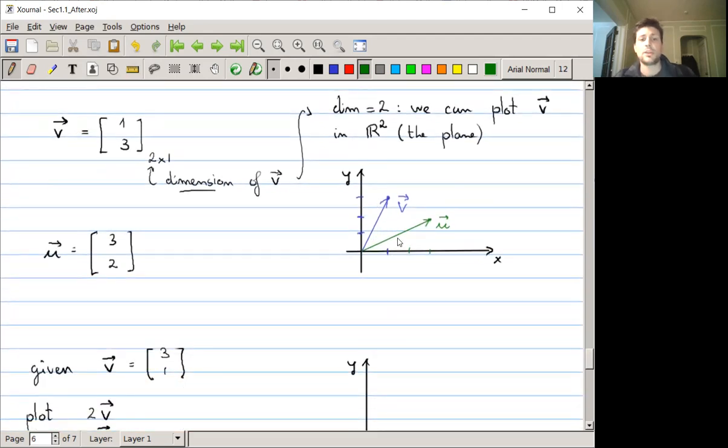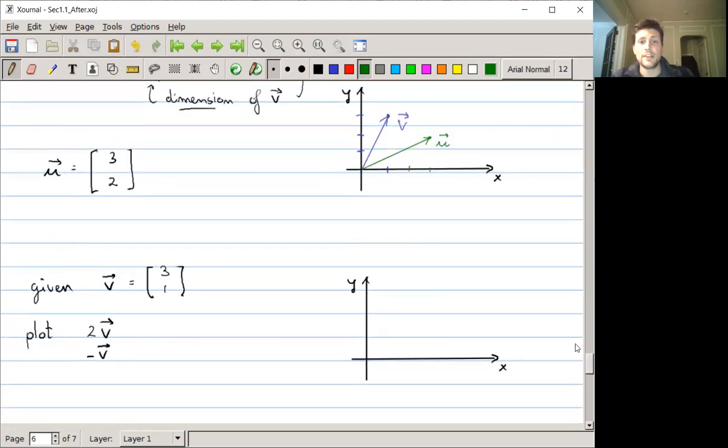Not only can we plot vectors in the plane and understand them as geometric objects, but we can understand operations between them as geometric operations. Let's have a look at an example here. I have this vector v. I'll plot it again. It's 3, 1. It's not the same as before.